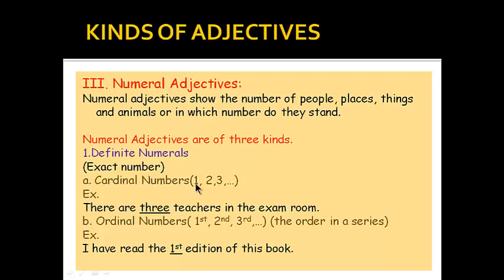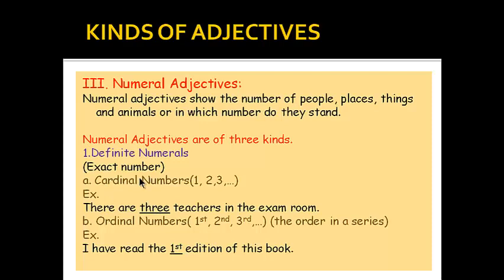Cardinal numbers are the numbers like 1, 2, 3 and so on. For example, there are 3 teachers in the exam room. This 3 is a cardinal number and a type of numeral adjectives. The next kind of numeral adjective is ordinal number. These numbers refer to the order in a series.